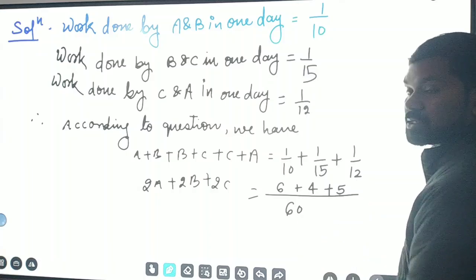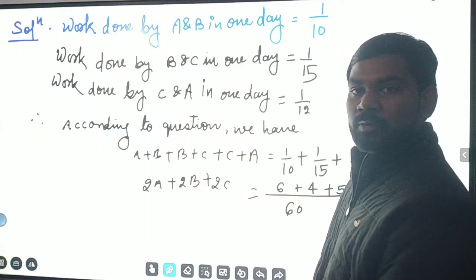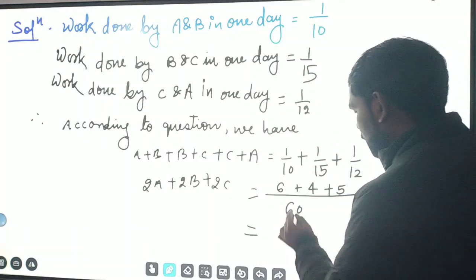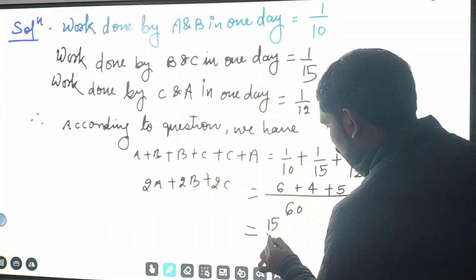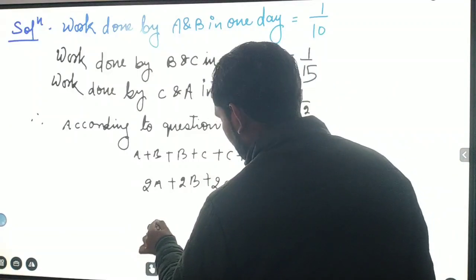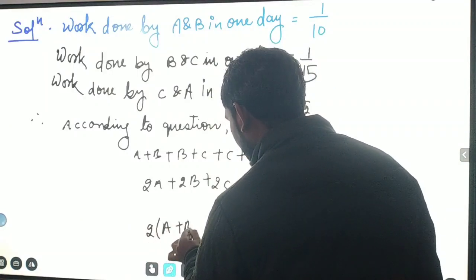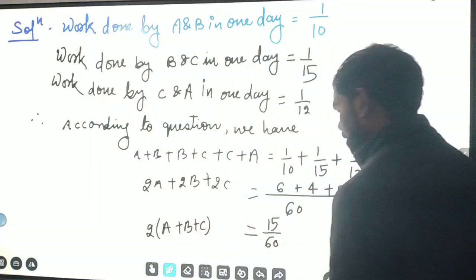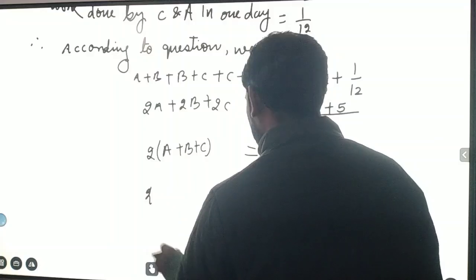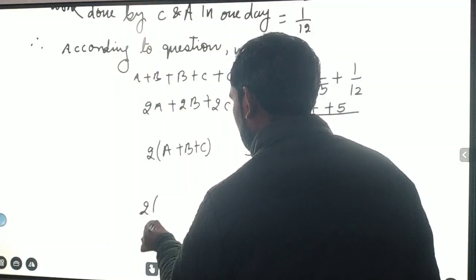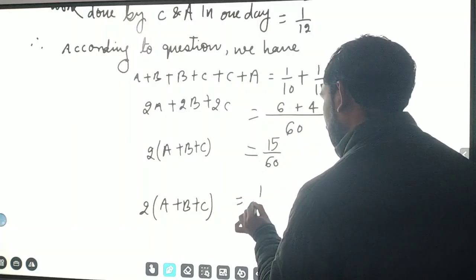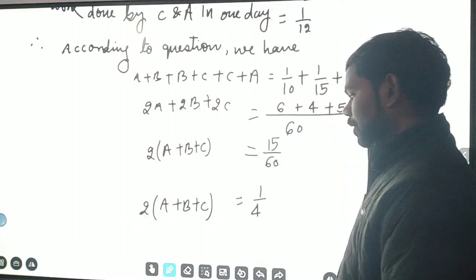Similarly when 12 divides 60 we get 5 as a quotient and 5 multiplied by 1 is 5. After the addition we get 15 upon 60, and here we get 2 times of A plus B plus C. So student, when we solve, we get 2 times of A plus B plus C is equal to 1 upon 4.